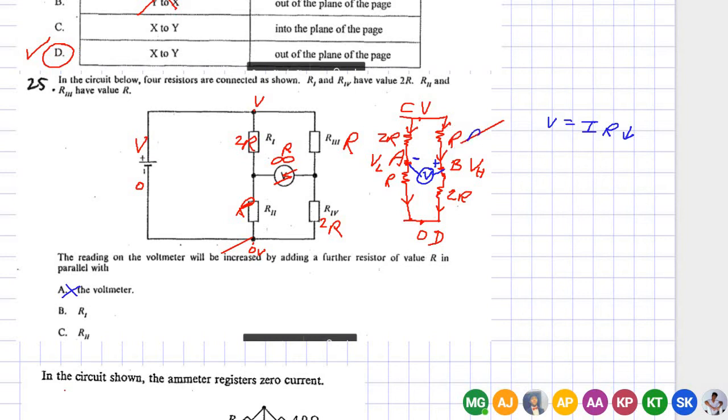If you connect a resistor R in parallel to this, then the effective resistance will become R by 2, which is half of each. Then the potential drop across CB will decrease, so B will become at a higher potential. So R3 is one correct option.